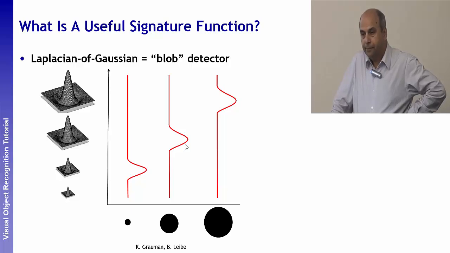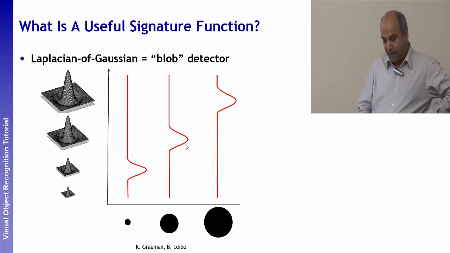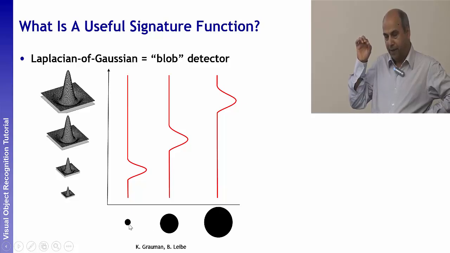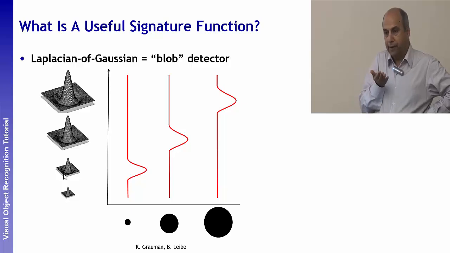Can you go into a little bit more detail? What is the maxima of the Laplacian of Gaussian? So you take an image which has, say, this blob, okay? And you apply the Laplacian of Gaussian filter, as we talked about with edge detection. You look at the center of this blob, what is the value, what's the response, okay? Then you apply a second filter, which is shown here, and get a response. Then the third filter, so you'll have at least 4 different copies of the response of the original image.